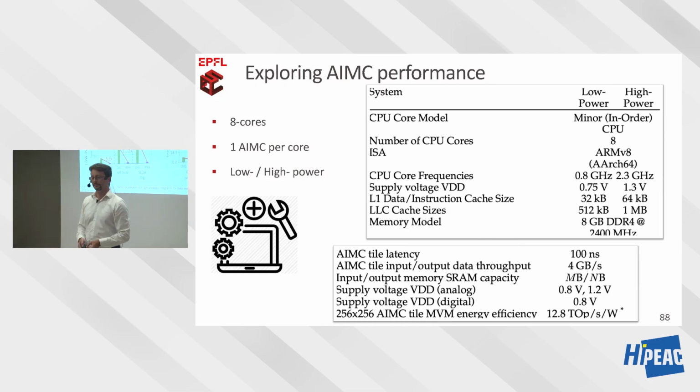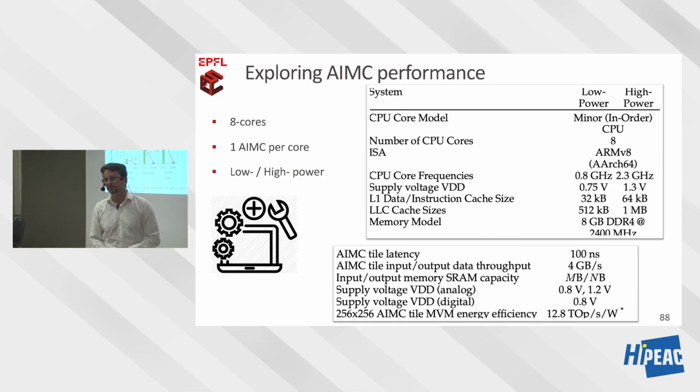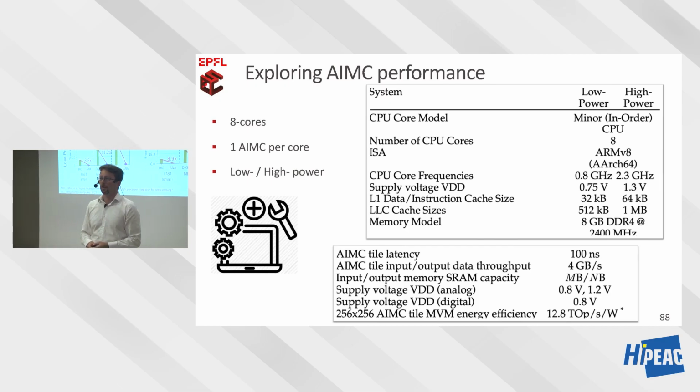Yes, please. Since gem5, according to what I understood, is a system level simulator, and you are trying to model the analog processing in memory, do you think we can rely on the performance that is being captured by such a simulator? So I think that your question is how realistic are simulations while doing all this. Exactly.